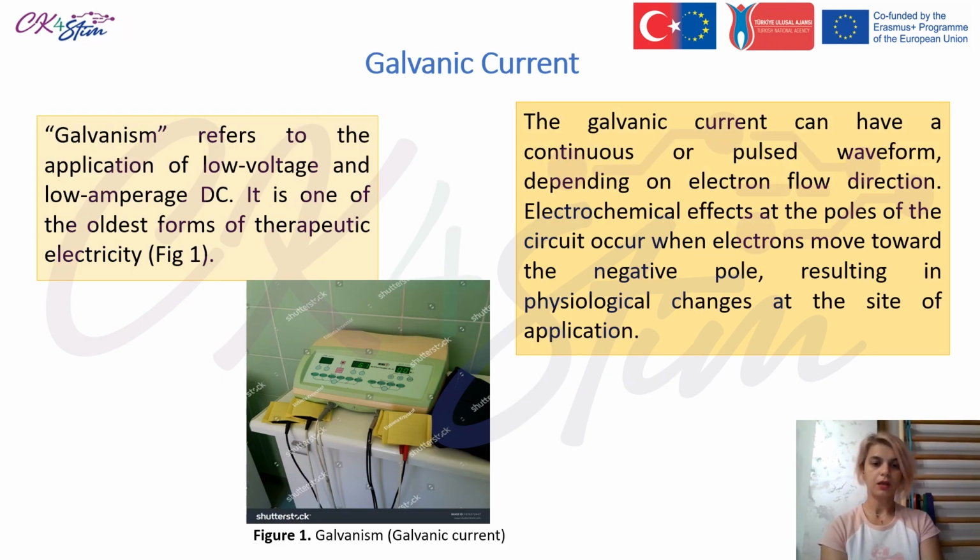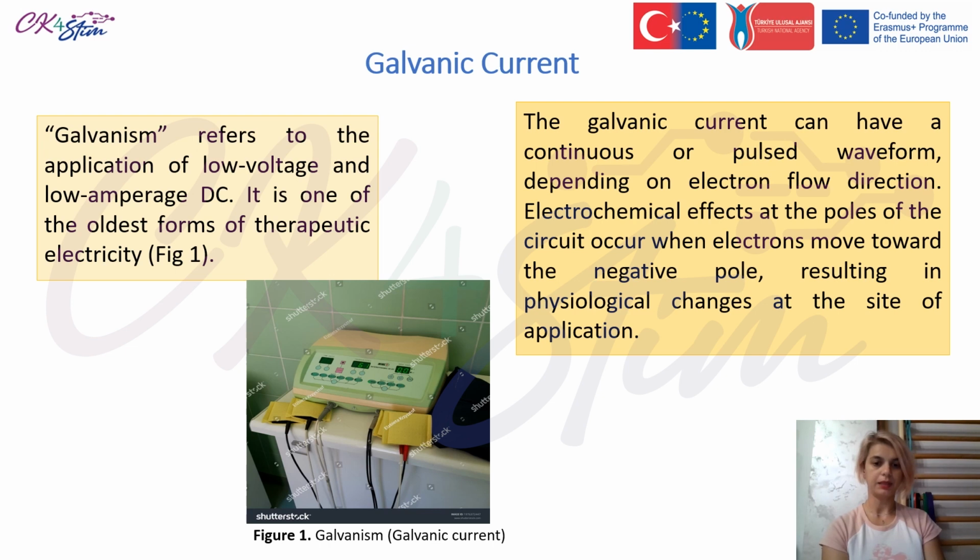Galvanism denotes the utilization of low voltage and low amperage direct current in therapeutic contexts. Among the earliest forms of therapeutic electricity, galvanism can feature either a continuous or pulsed waveform and is contingent on the direction of electron flow.